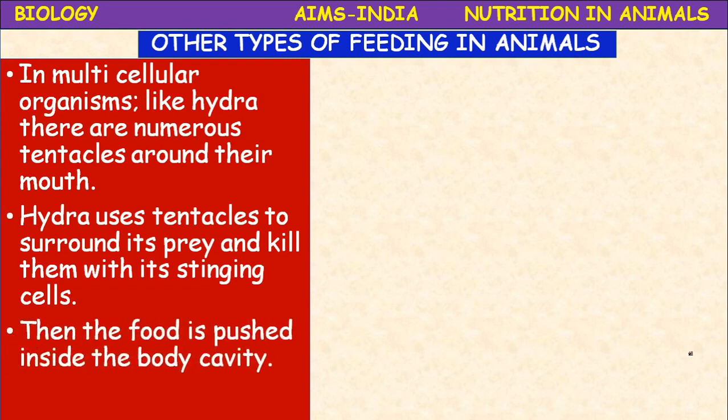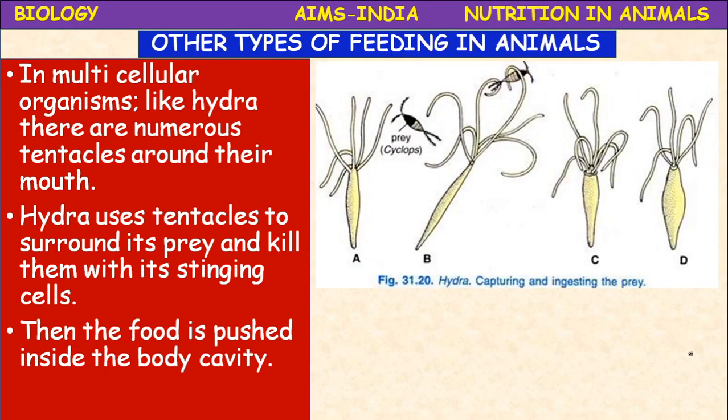Then the food is pushed into the gastrovascular cavity. The food is pushed into the body cavity after killing, and it digests the food. See here, Cyclops. Cyclops is a microarthropod, a small insect.